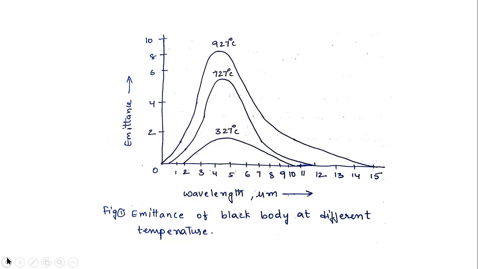If you take a black body at room temperature, it emits radiation with a maximum at about 10 micrometers. This 10 micrometers is located within the invisible spectrum of infrared light.